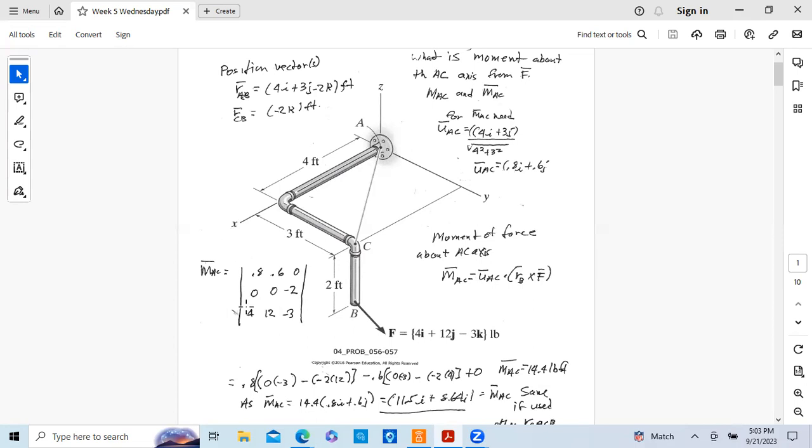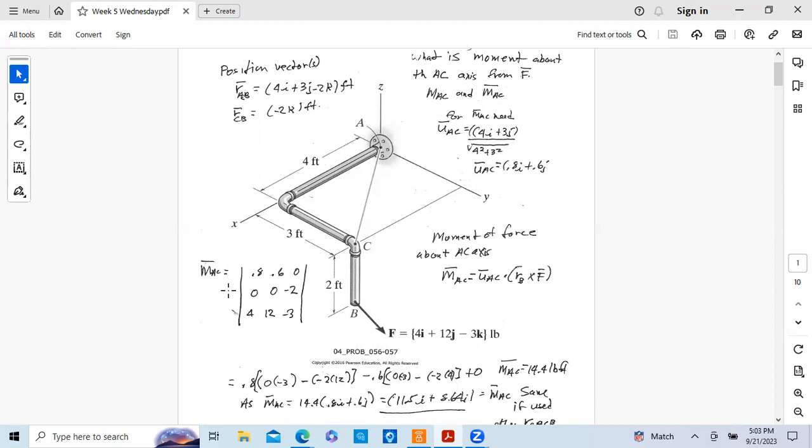So the position vector is 0, 0, minus 2, again I, J, K. You could put the other position vector in, 4i, 3j, minus 2k, and it would get you the same answer. And then the last row is the Cartesian vector itself, 4i, 12j, minus 3k.